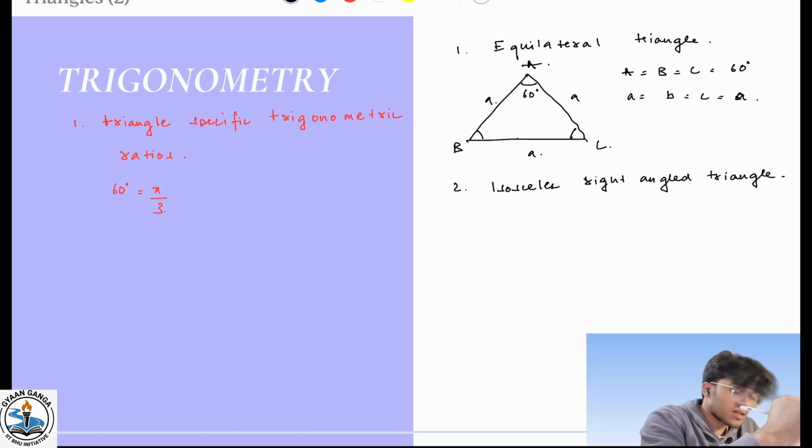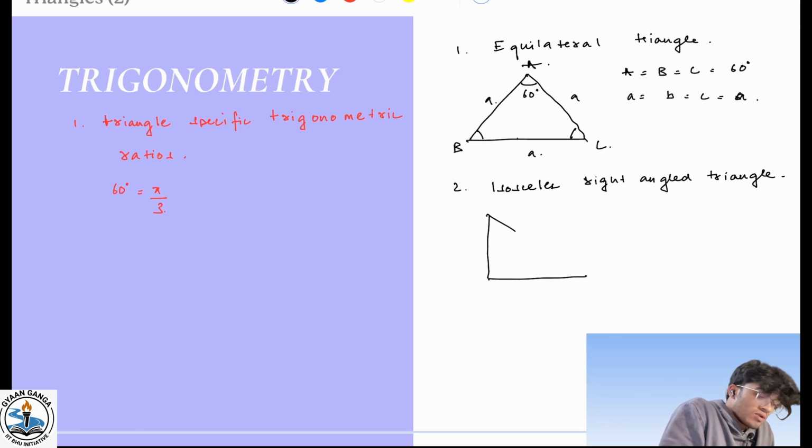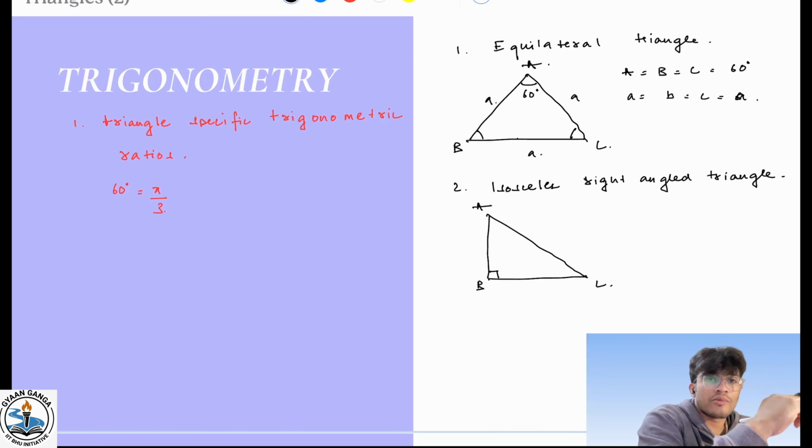An isosceles right triangle is one wherein, apart from the two sides being equal, one of the angles is 90 degree. So obviously, from the Pythagoras theorem, we know that the hypotenuse is the largest side. So consequently, the legs are the ones that are equal.